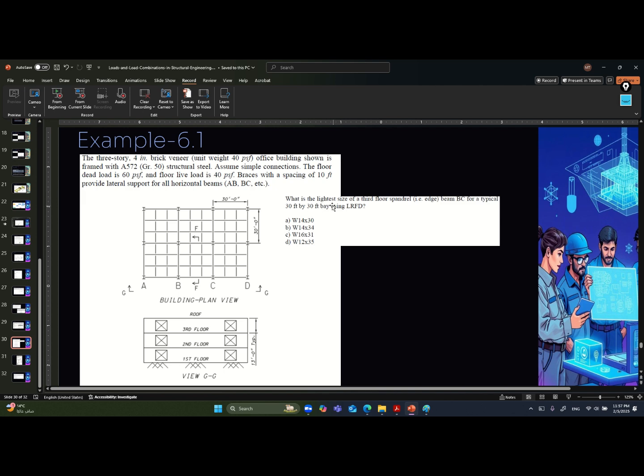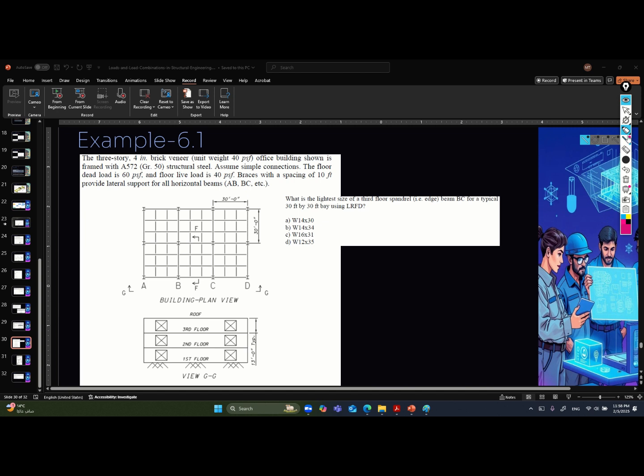He asks what is the lightest size of a third floor spandrel, meaning an edge beam, for a typical 30 feet by 30 feet bay using LRFD. Here it gives you 6 bays. Each bay is 30 feet and the distance between these secondary beams is 10 feet, with equal spacing.